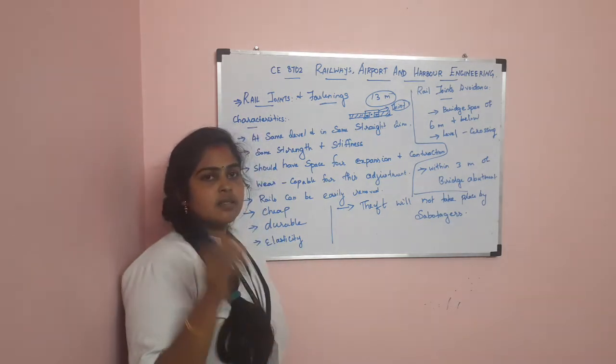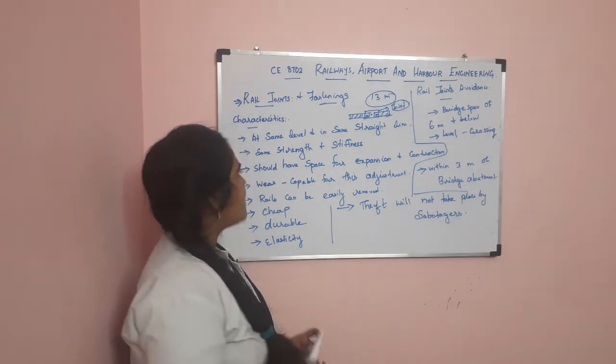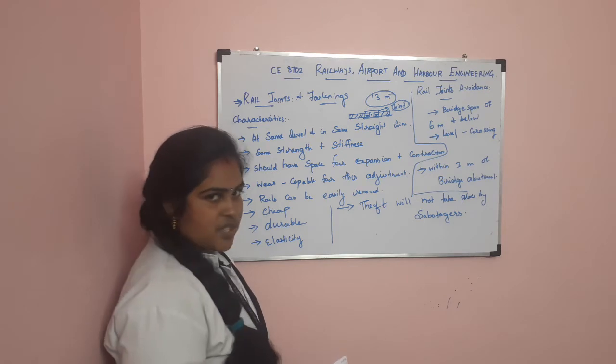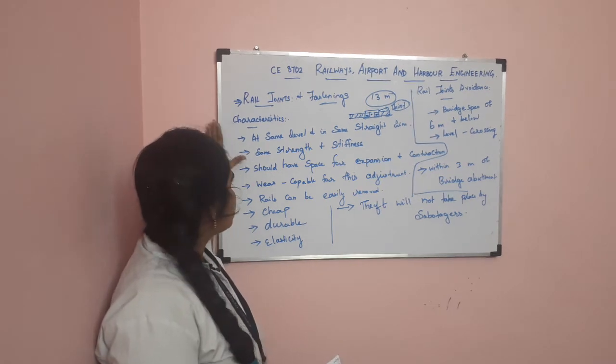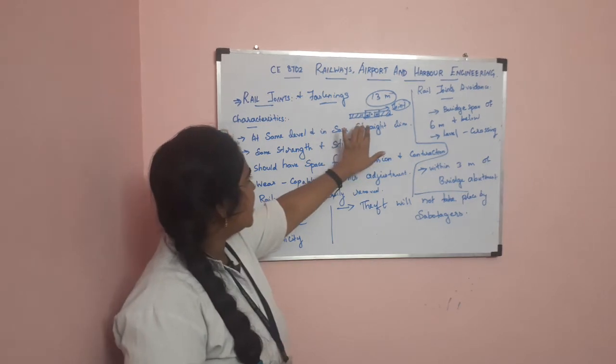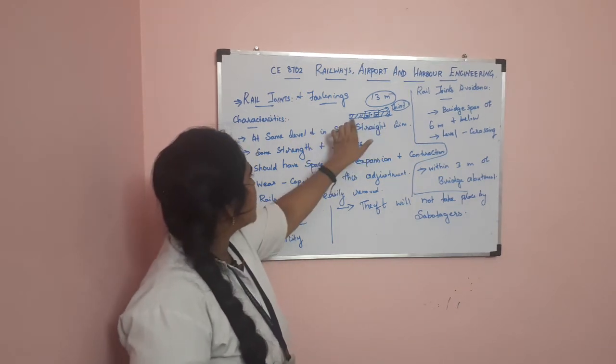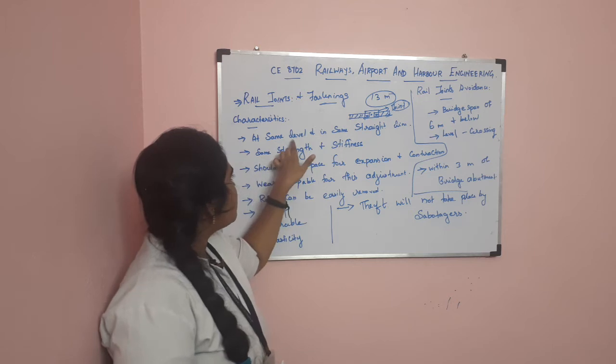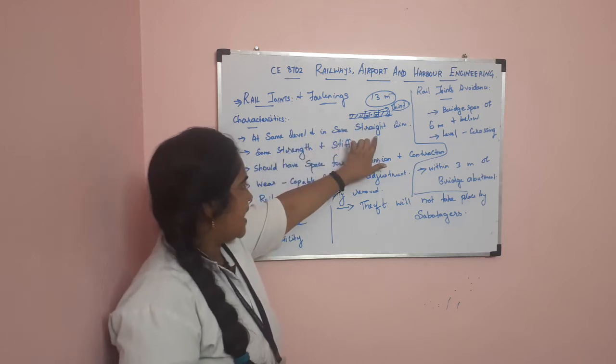So while joining two rails, we have to consider some characteristics. What are the characteristics of rail joints? First, when we are connecting two rails, the two rails should be at the same level and in the same straight line.